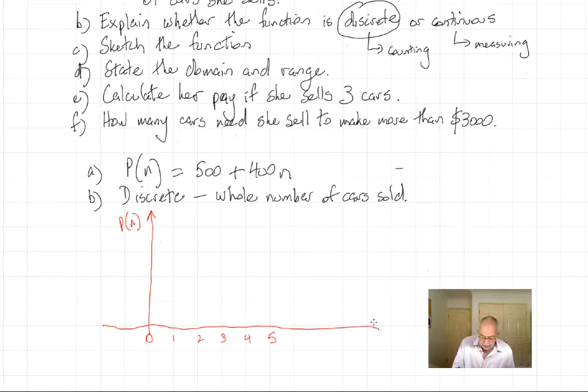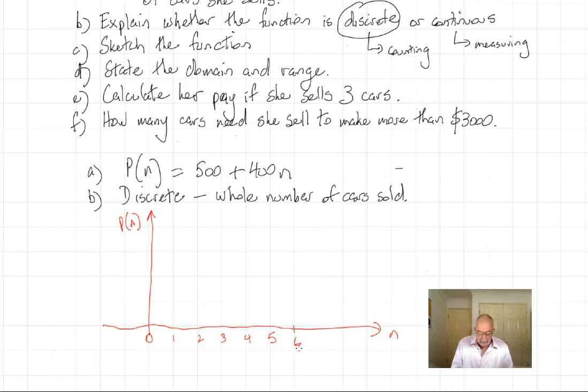And this is n, so maybe she sells 6 cars a week. When you do this, it's a good idea to have an idea of what your maximum quantities are going to be, so you don't start drawing off the top of the page.